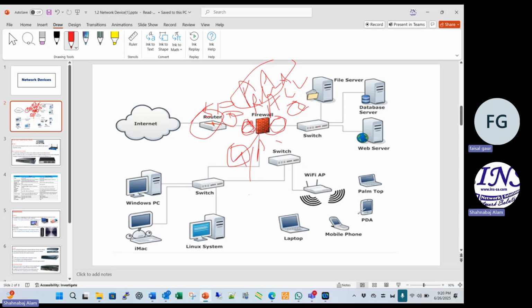Okay, so we will go to the next device, the next topology, meaning the advanced topology. Then we will see the core switch, distribution switch, and access switch, and full connectivity. So you got everything, right? Okay, so we will go to the next slide.